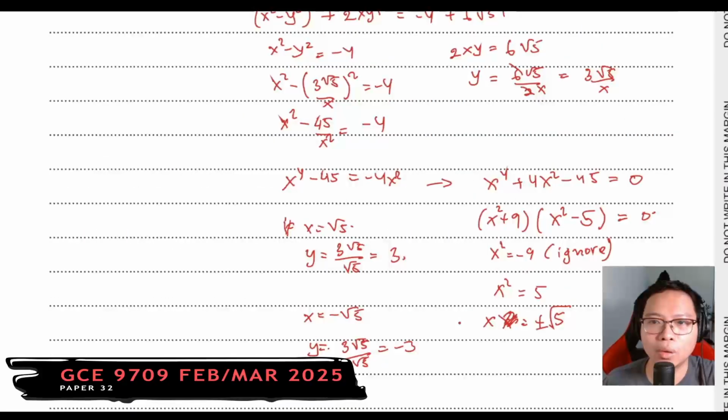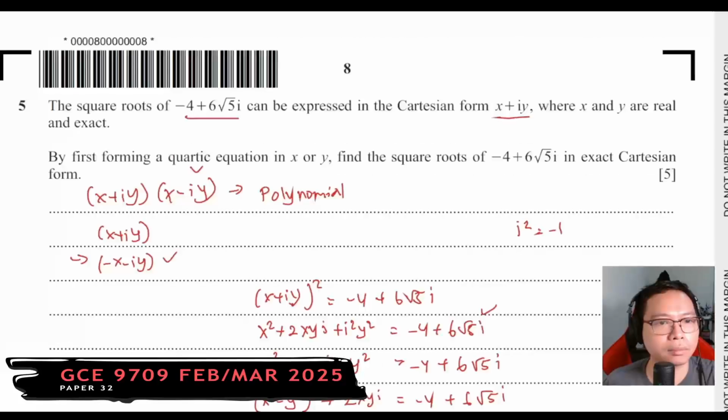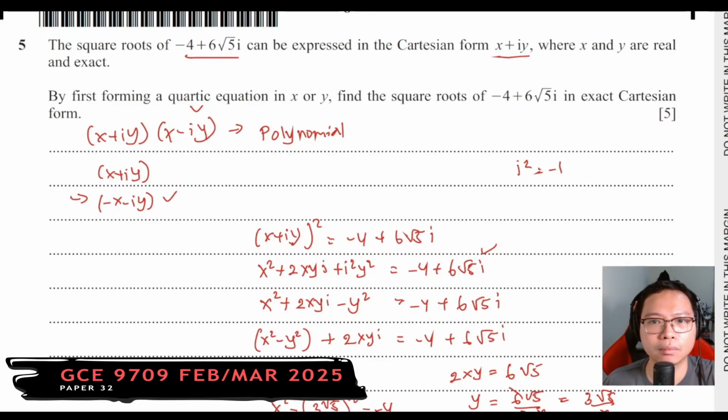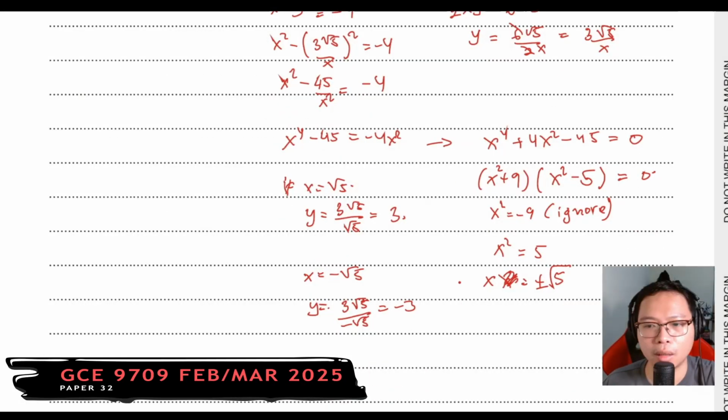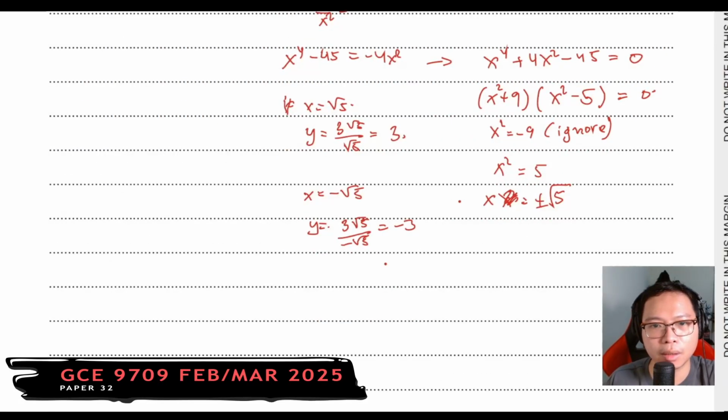In the final form, because y is the imaginary part, correct? Yes, the y is the imaginary part.